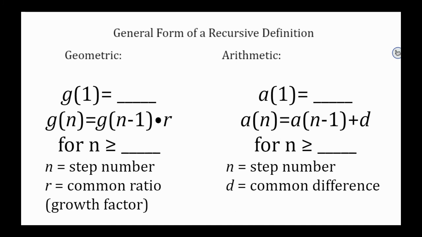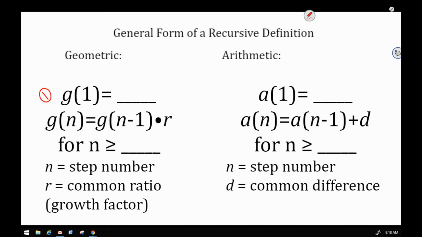All right. So 3 parts to each one of these sequences. The first part is G of 1 or A of 1. What does that 1 mean? First step. Step 1. So it's your starting point.